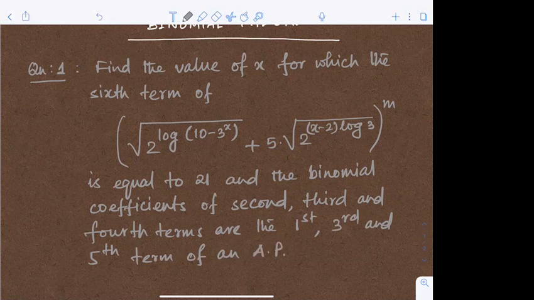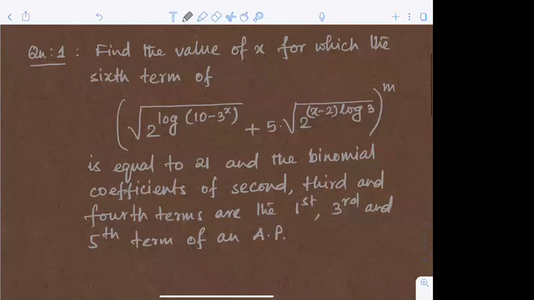Okay, so you have to find the value of x for which the sixth term of this is equal to 21 and the binomial coefficients of second, third and fourth terms are the first, third and fifth terms of an AP.